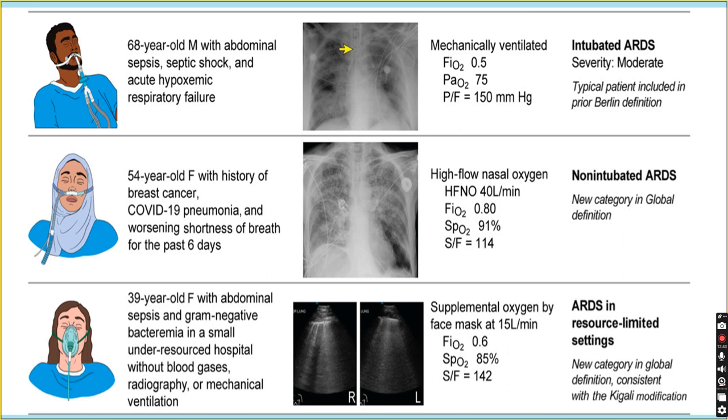The patient is on supplemental oxygen of FiO2 0.6 and the SF ratio is 142. So again, this patient has ARDS in a resource-limited setting. So we can diagnose ARDS on clinical grounds without having an ABG in hand. So this is a new change, particularly in resource-limited settings, the global definition of ARDS 2023.